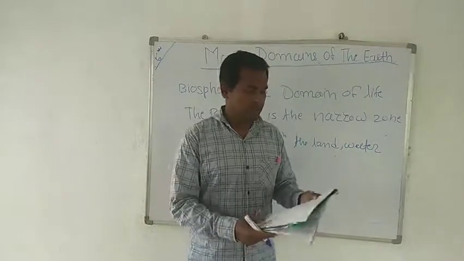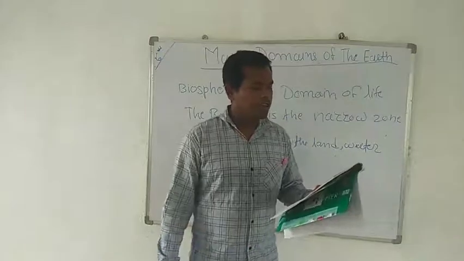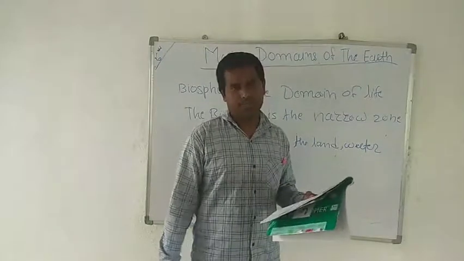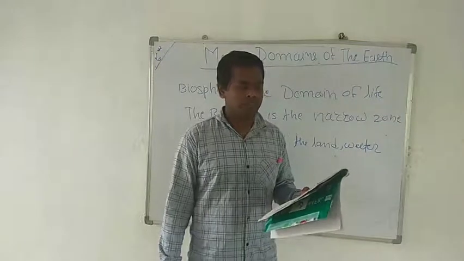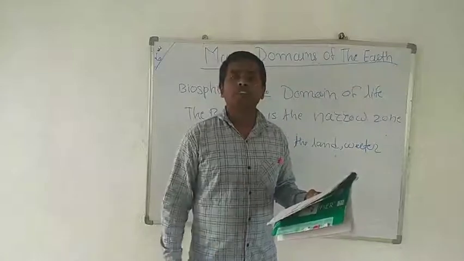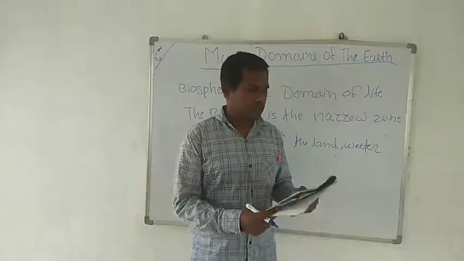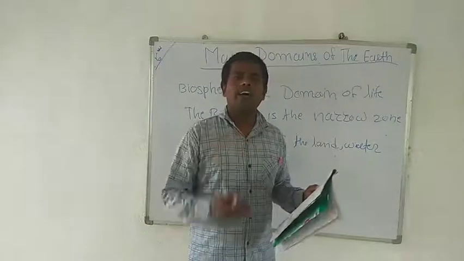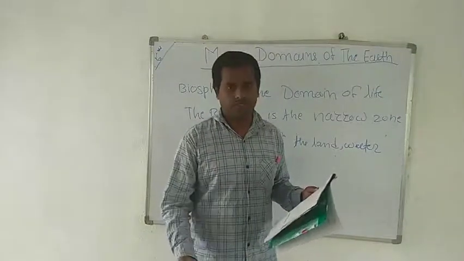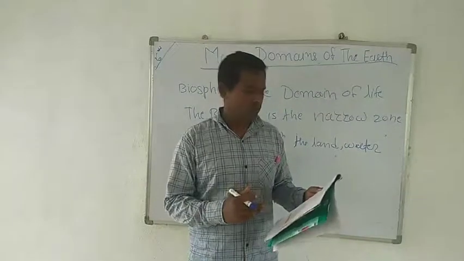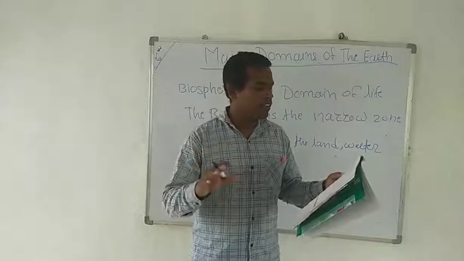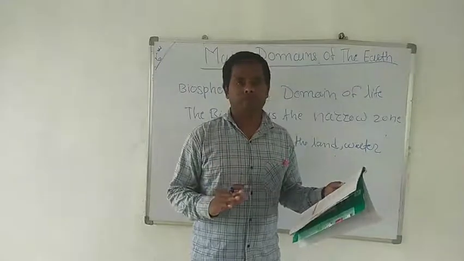You know, the food chain: all the animals and all the living things are dependent on each other. That's why the point says that the three domains of the earth interact with each other and affect each other. For example, cutting of forest for fulfilling our needs of wood. This is the example of the above sentence.